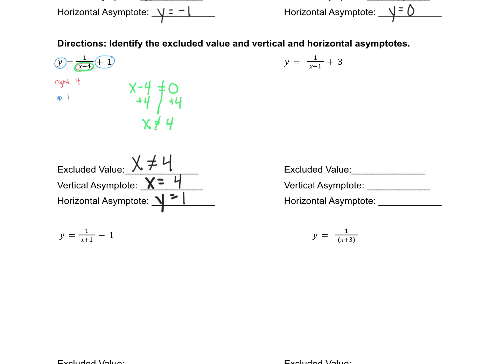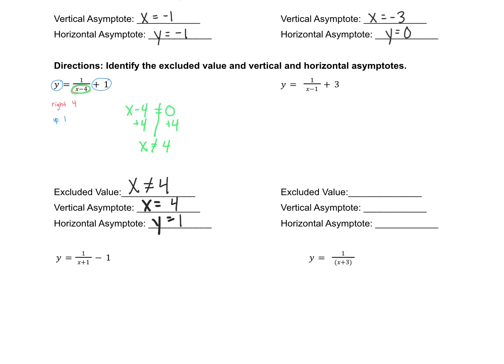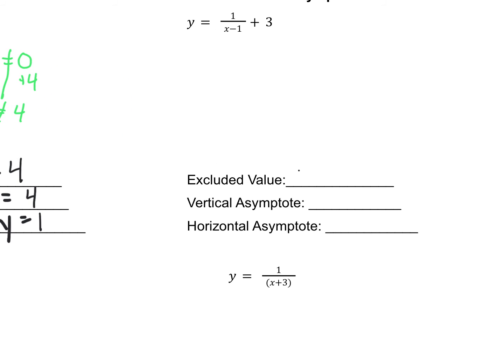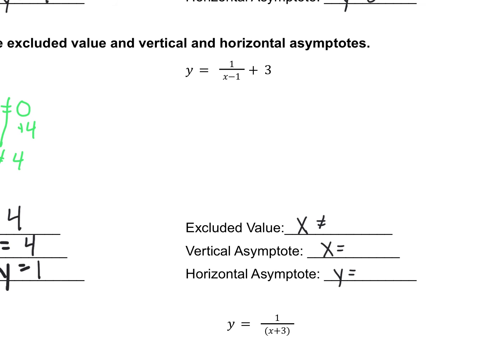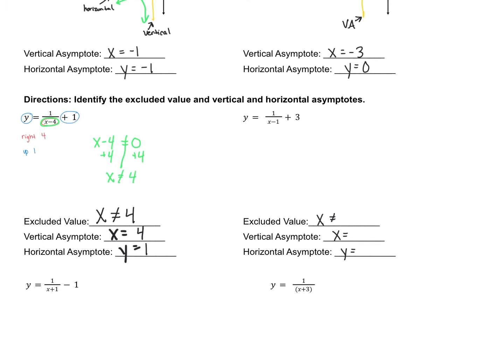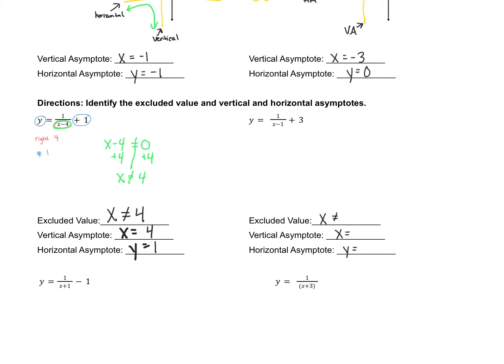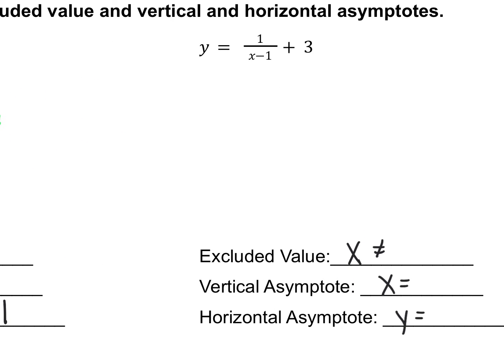Okay. Let's try another one. Excluded value, remember, x does not, x does, y does. Okay. Let's go ahead and find these. You can really start with whatever one. I am going to start with the vertical asymptote. So I'm going to find the x. It says -1.